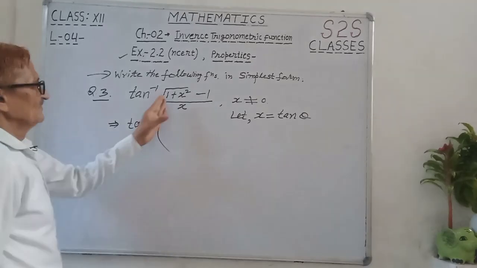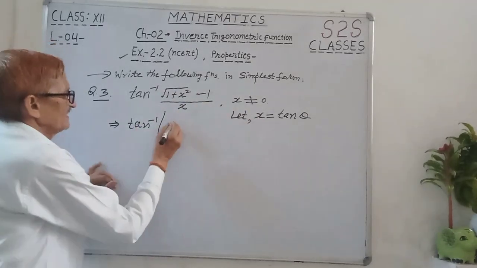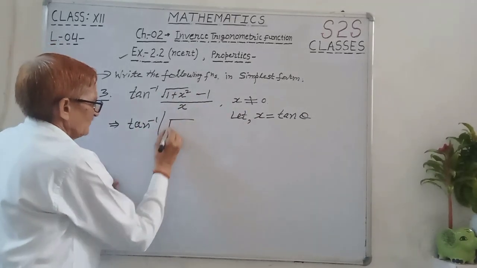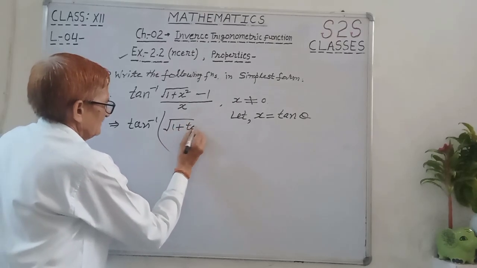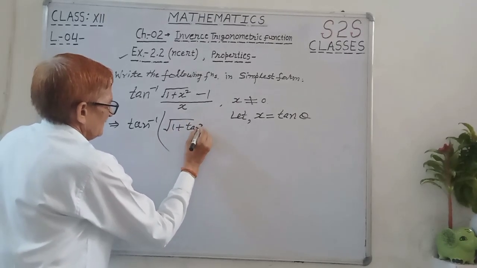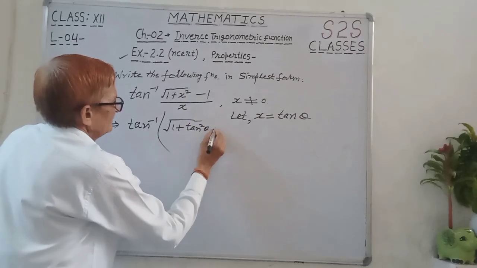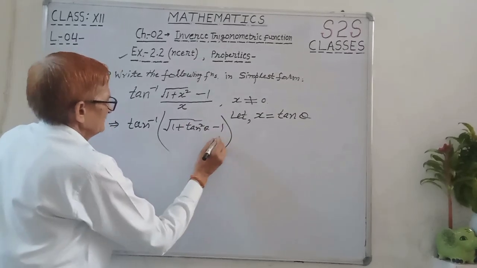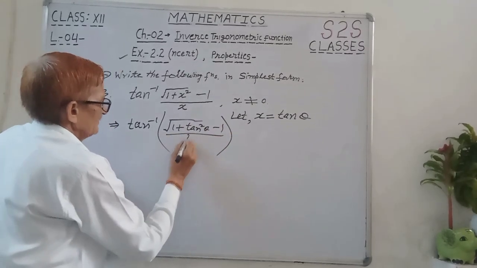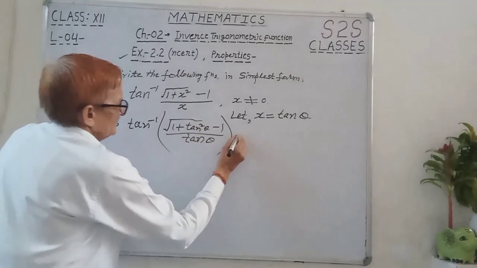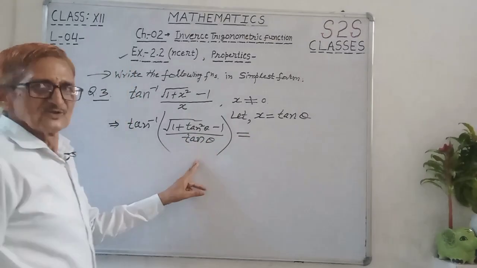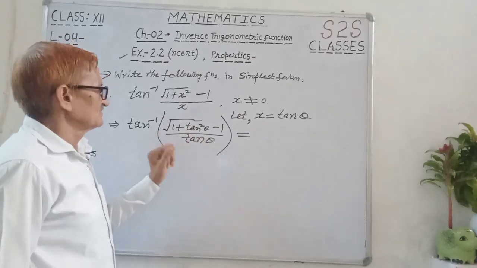After this substitution, it becomes tan inverse of square root of 1 plus tan square theta, minus 1, upon x, which means tan theta. Okay, substitute. Then 1 plus tan square is sec square.